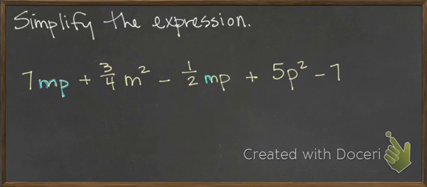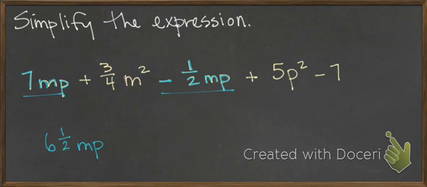Yes, right here. So these are like terms. So how many MPs do I have? Well, I had 7, and this is minus 1/2. 7 minus 1/2 is 6.5. So I have 6.5 MPs.